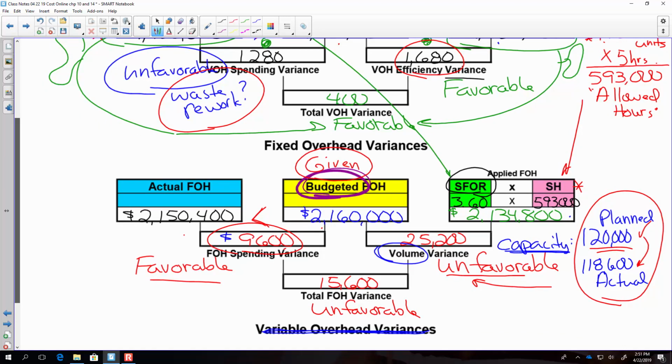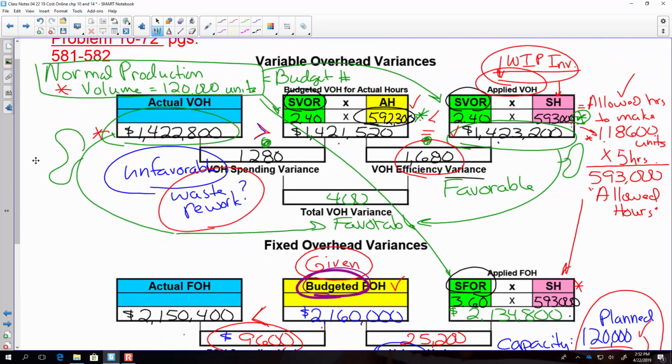So this is a given number. Remember, it's a budget number, not the actual. And also remember, the variable overhead section does not have that budget number anywhere on the template. So there is a difference between the variable template and the fixed template. Just be aware of that.